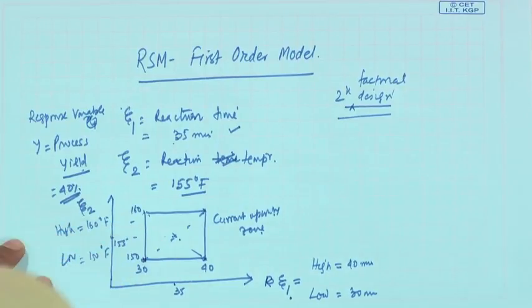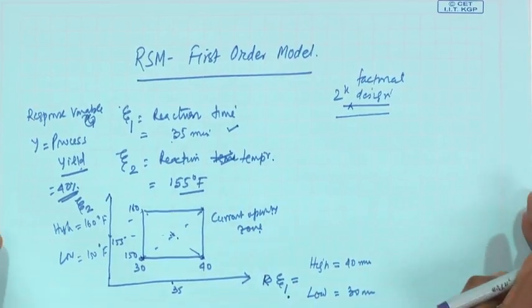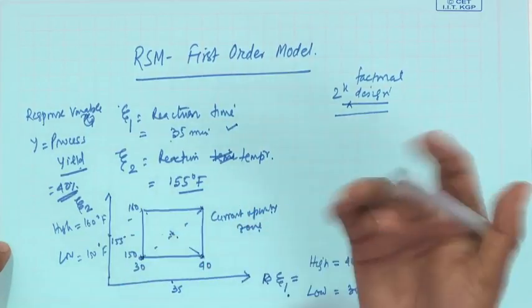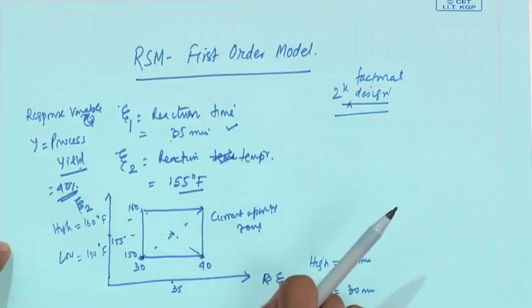In addition, we have seen earlier that with 2 factors and their interactions, you have to go for replications to get the estimates of the effects.